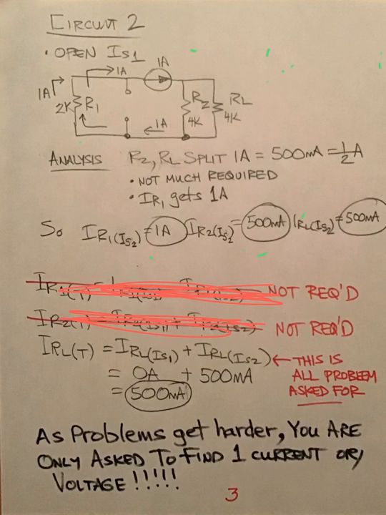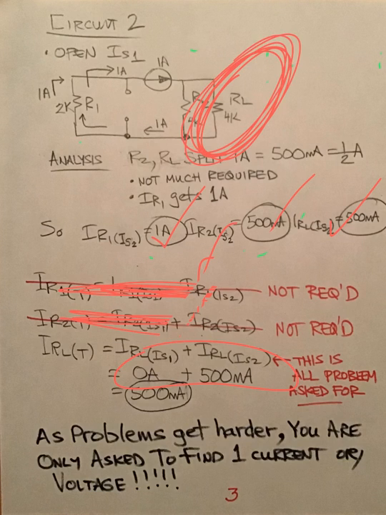If you want to finish them, you can plug the numbers in. Here they are, 1, 2, 3. They fill in this box right here. And so the answer to our homework problem is that 0 plus 500 milliamps flows through the load here.